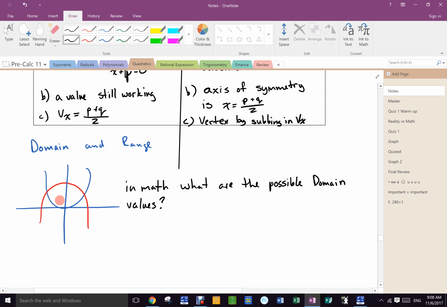So what are the possible values for x in math? How far will this parabola go that way and that way? Infinite. How far will the red one go that way and that way? Infinite. So what are the possible x values in math class?